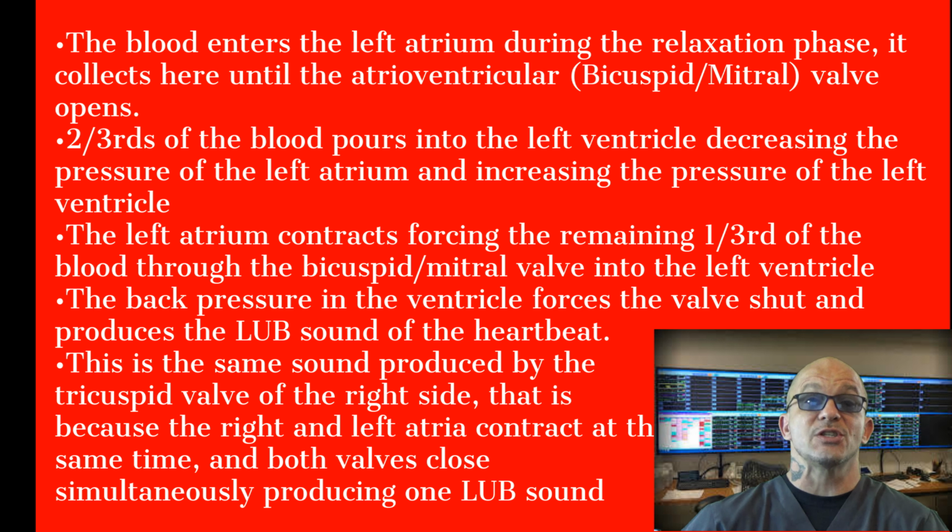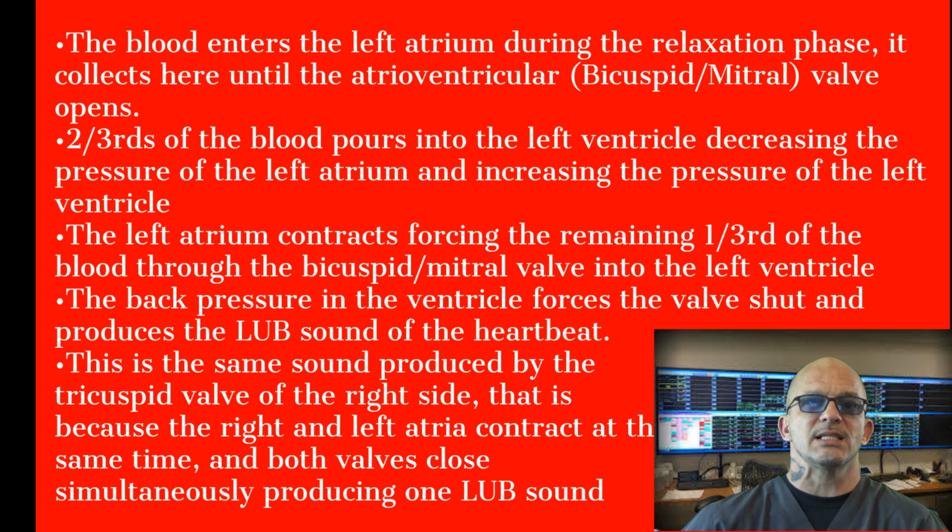The blood enters the left atrium during the relaxation phase. Again, it collects here until the atrioventricular valve of the left side of the heart opens. This valve is known as the bicuspid or mitral valve.